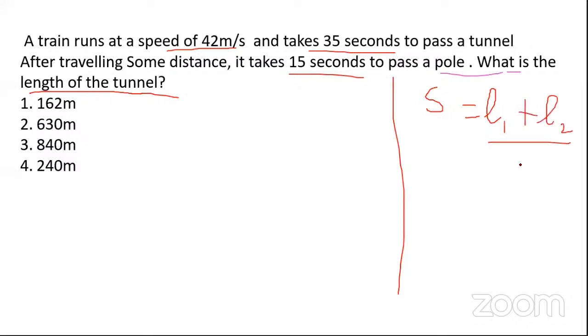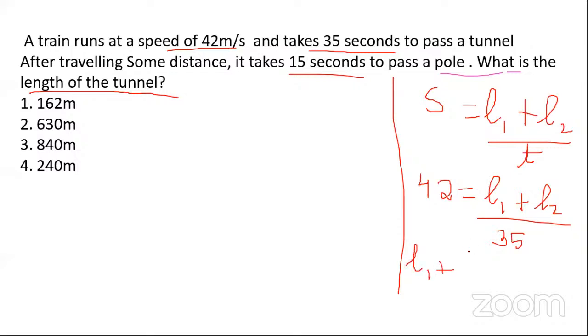Instead of d I'm using l, where l1 is the length of the train and l2 is the length of the tunnel. s is given as 42, so 42 equals (l1 plus l2) divided by time, given as 35 seconds. So l1 plus l2 equals 42 into 35. So what is the value you will get?